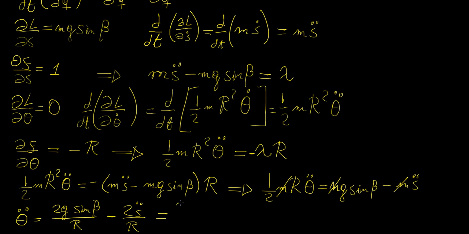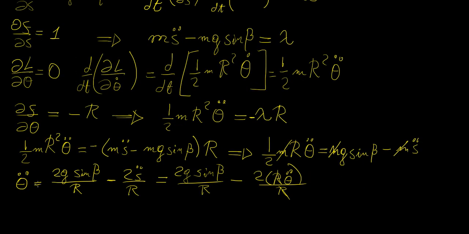So this becomes 2g sine beta over r minus 2 times r theta double dot over r. So this one is going to cancel out. Now we move this to the other side, and then our final answer for theta double dot, or the angular acceleration, is going to be 2g over 3r times sine of beta.